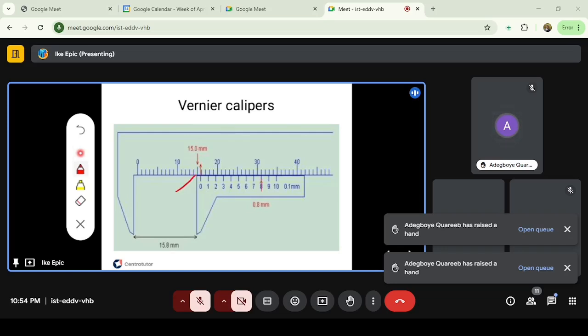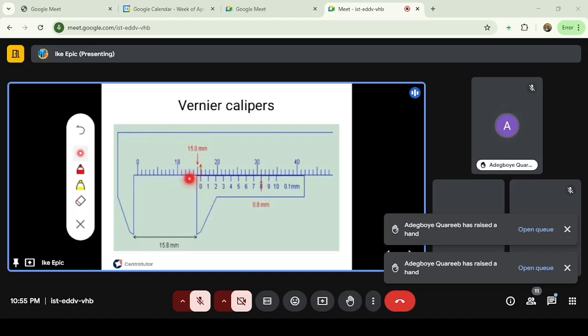If you count from here, this is 10, 11, 12, 13, 14, 15. So the 15th reading was before the 0 mark. The 0 mark was here, but the last reading that stopped before it was 15. So the main scale reading is 15. We'll write it down on one side: 15.